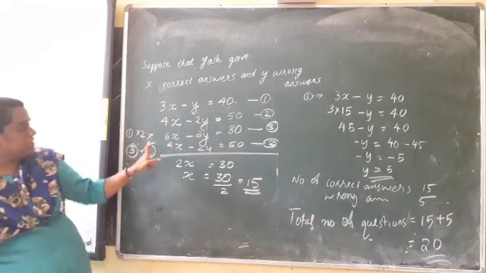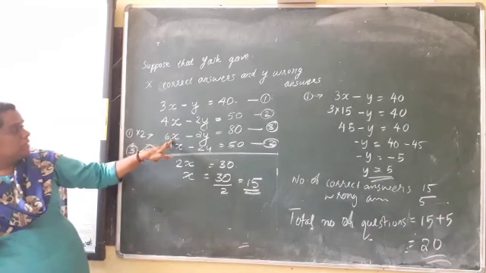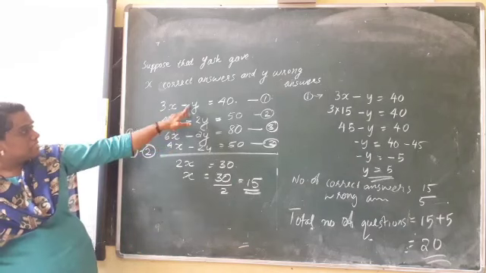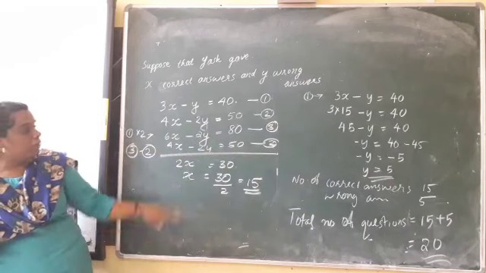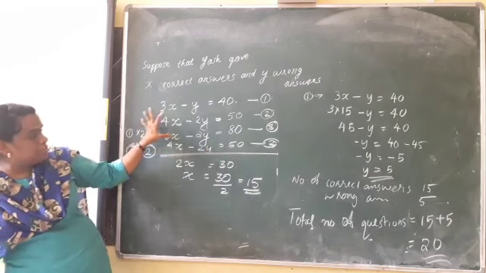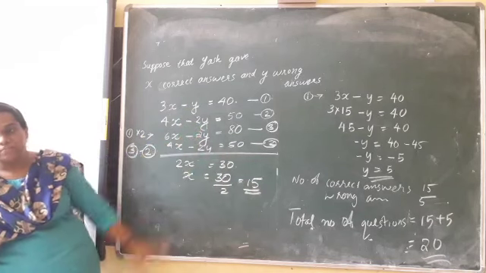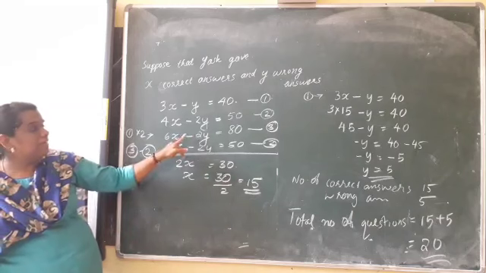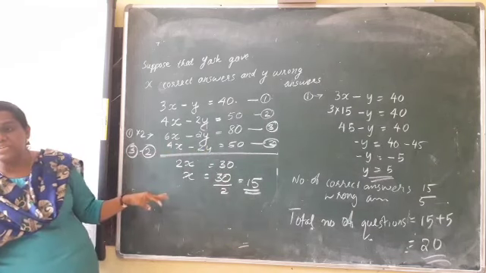Okay, then the first equation is multiplied by 2. 3 into 2, 6, minus 2, 40 into 2, 80. Now we can eliminate these 2. Coefficients of y are the same. I wrote the second equation after the third equation for easy cancellation.